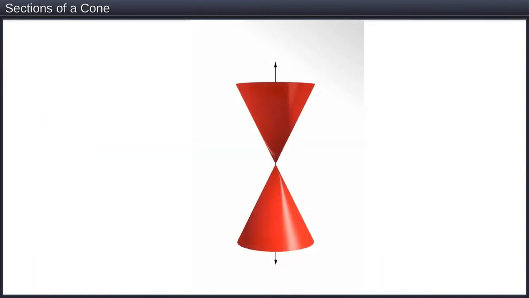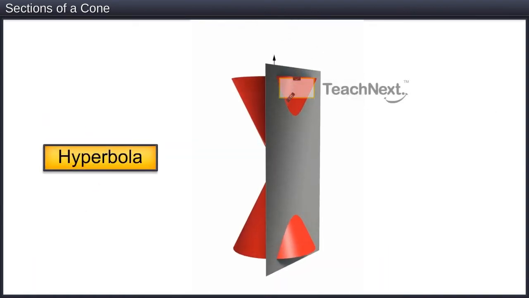However, in the formation of a conic section in the form of a hyperbola, the plane intersects both the nappes of the cone. Also note that in the formation of these conic sections, the intersecting plane does not pass through the vertex of the cone.